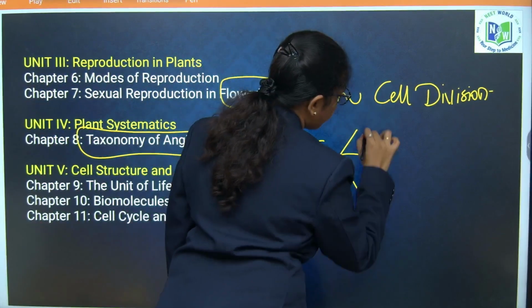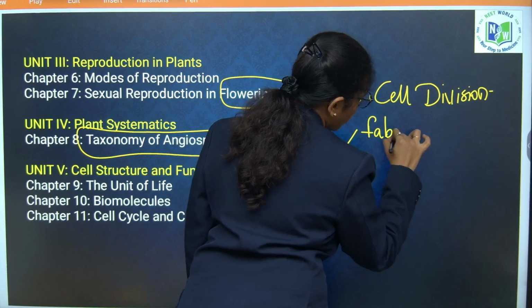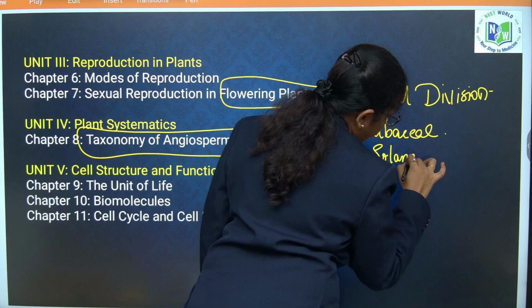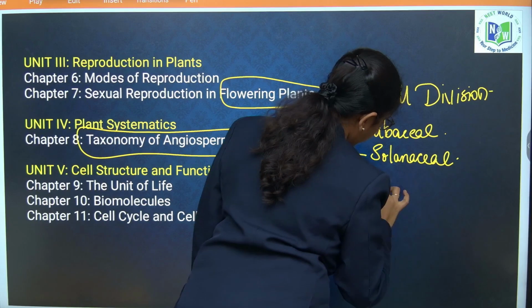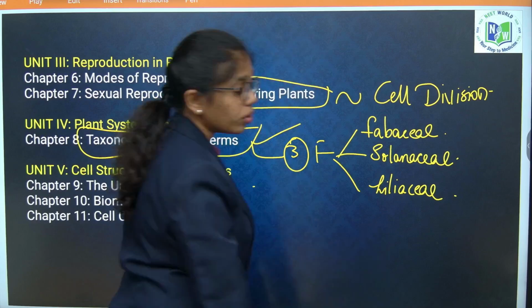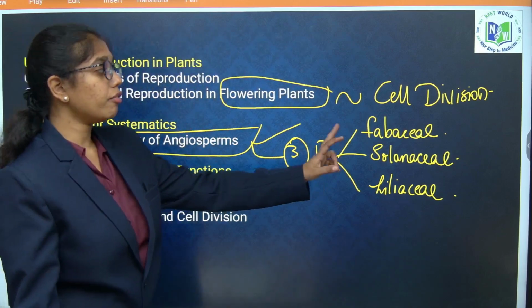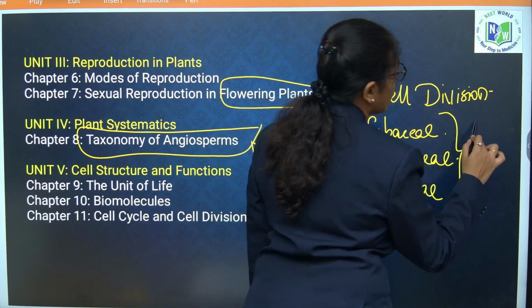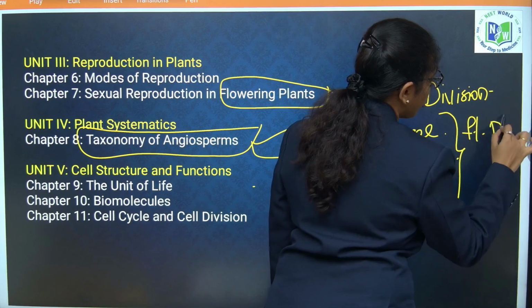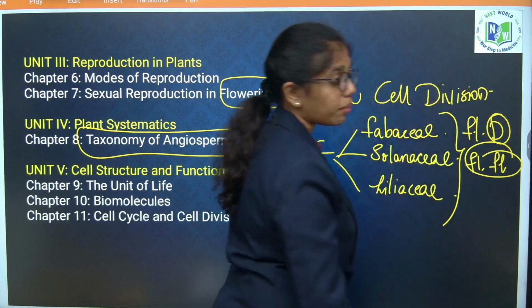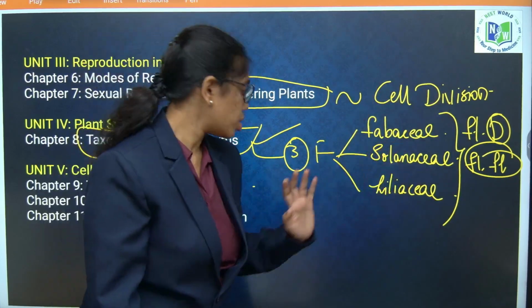Those are Fabaceae, Solanaceae and Liliaceae. Okay, this is what you have to look into. All the vegetative and floral characters from these three families, most importantly the floral diagram and floral formulae. Floral diagram and floral formulae you have to give utmost importance.